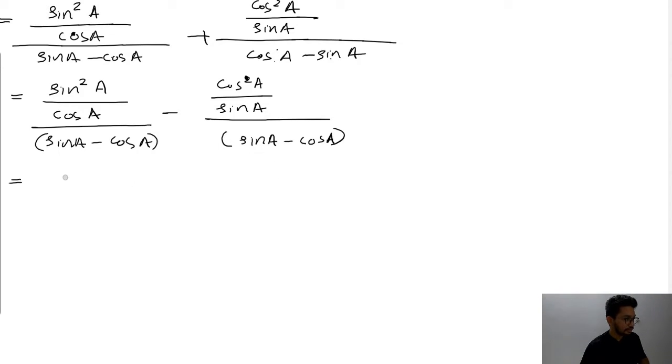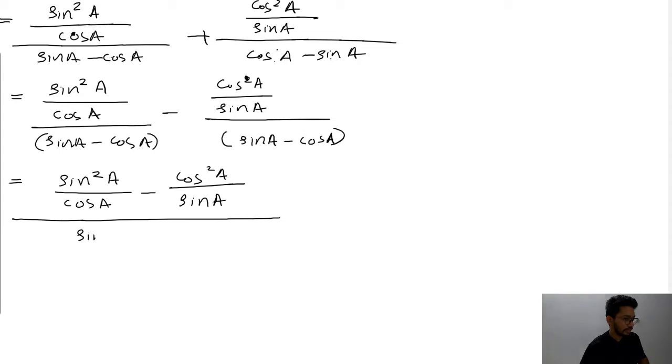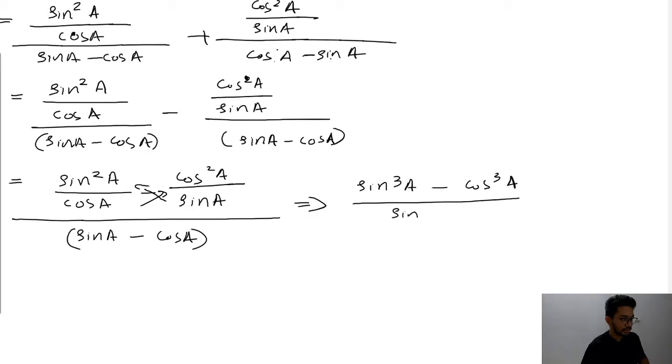We can write sine square A by cos A minus cos square A divided by sine A, whole divided by sine A minus cos A. Now we just cross multiply, and we get sine cube A minus cos cube A, whole divided by sine A cos A, whole divided by sine A minus cos A.